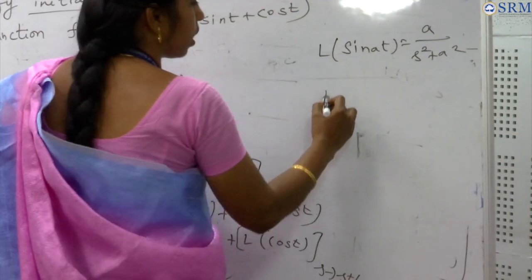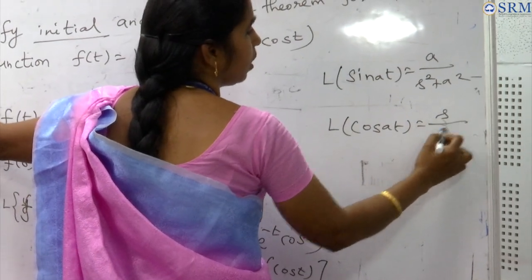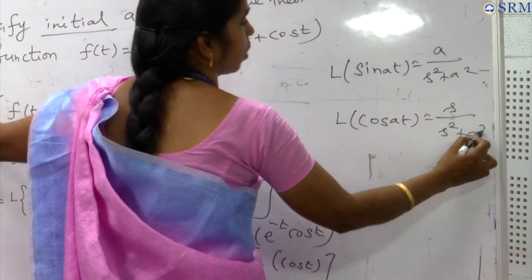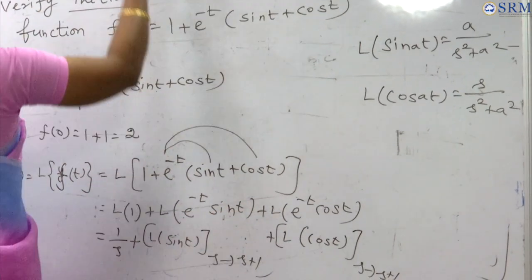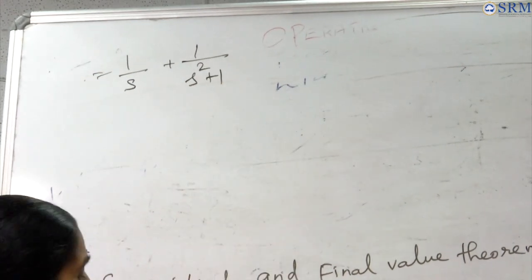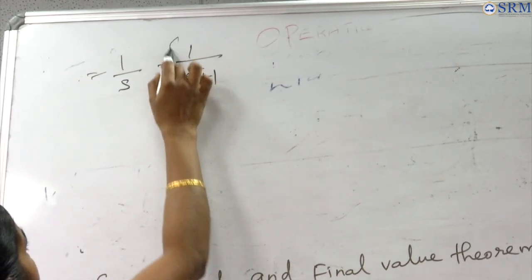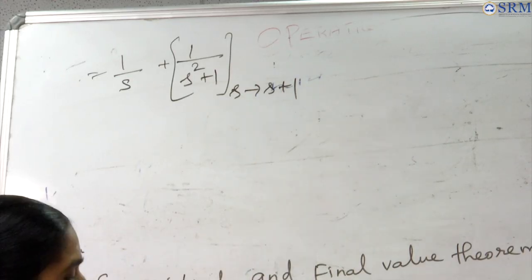The next one is cos a t. L of cos a t is s divided by s square plus a square. Again for the next term also a is replaced by 1. So 1 divided by s square plus 1 squared, but s replaced by s plus 1.